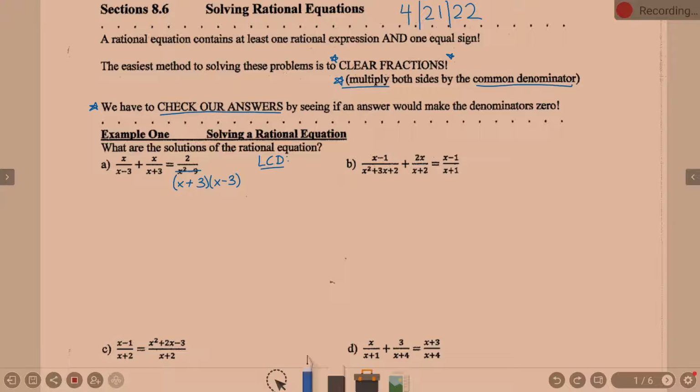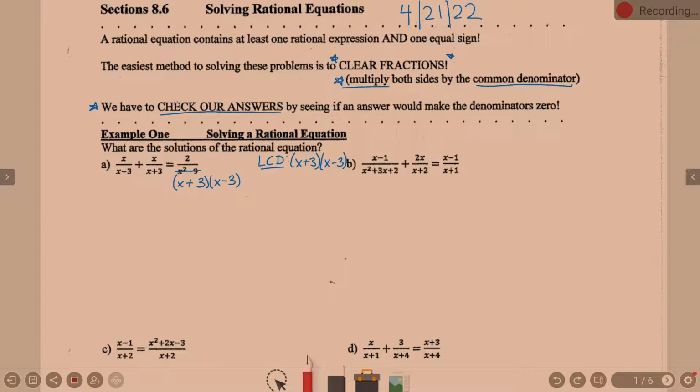There's x plus 3 here, x plus 3 here, yes. So there's an x plus 3 in common. That's part of my common denominator. There's also x minus 3, x minus 3 in common. So that's part of my common denominator. Are there any other leftover pieces? Does x plus 3 and x minus 3 include everything? And it does. So my least common denominator is x plus 3 times x minus 3.